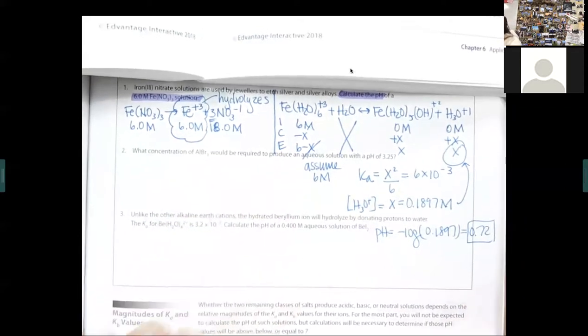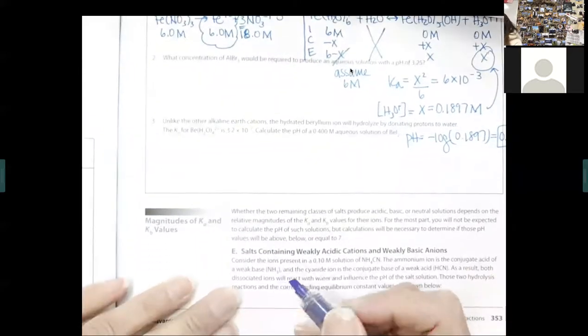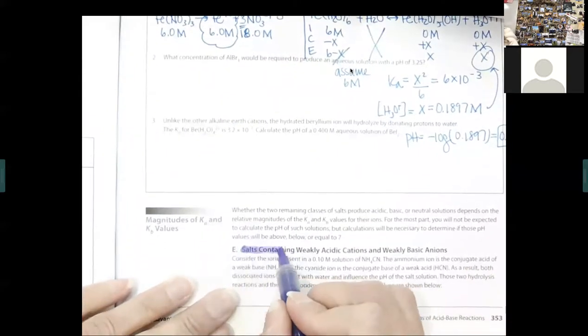Okay. Now, as we move on, we're going to be looking at salts containing weakly acidic cations and weakly basic anions.